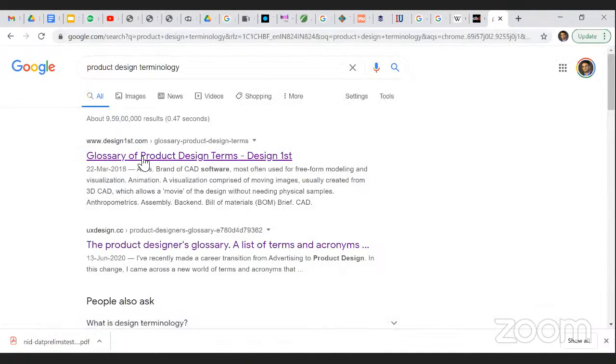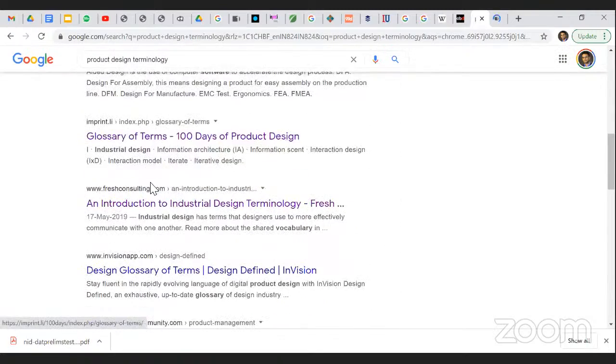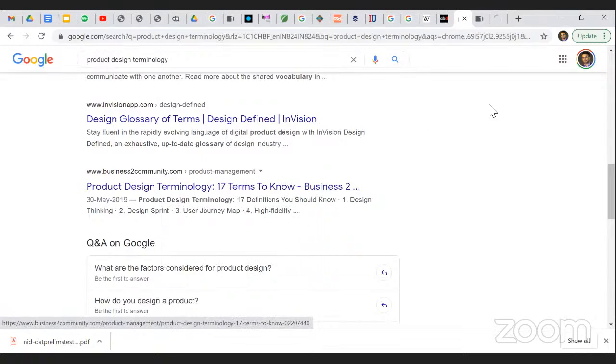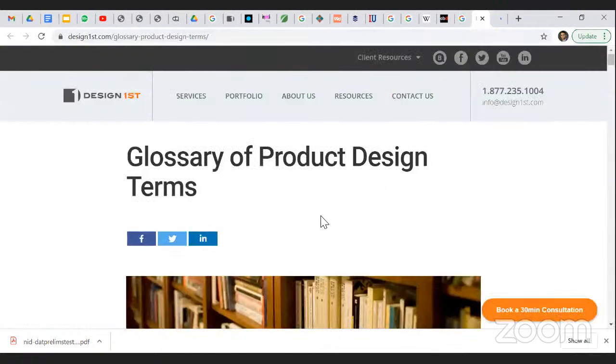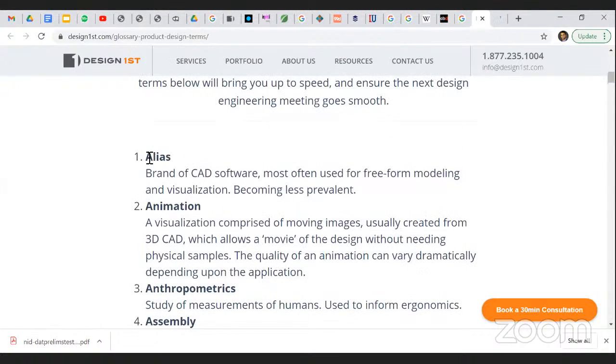You can look for 3-4 websites. Please do in-depth study, because they will not cover all the terms, right? For example, alias. I don't know how many of you know about this particular term, alias. It's a brand of CAD software.